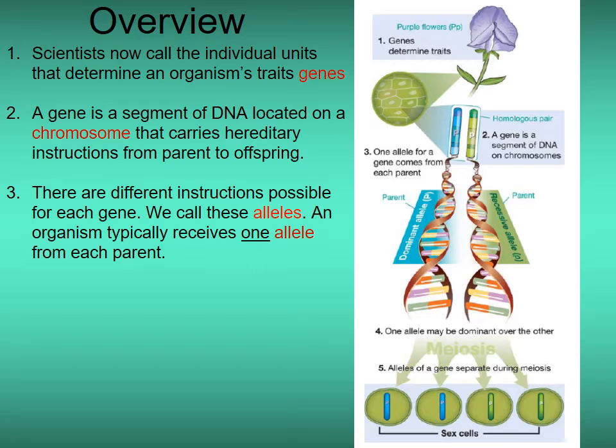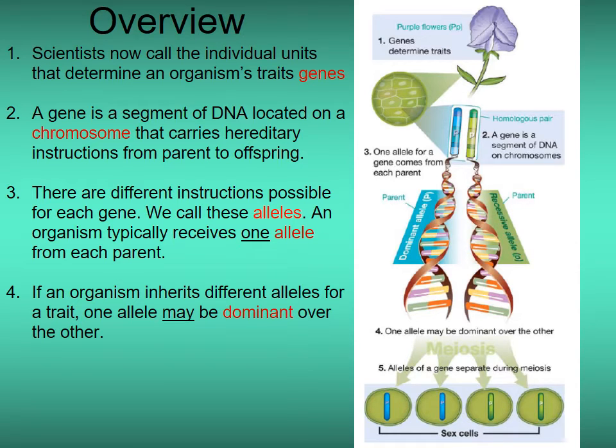You can sort of see that in this drawing over here on the right. On the left side you see a parent that has a dominant allele, on the right side you see a parent that has a recessive allele on the DNA, and they get separated out during meiosis so that you end up getting different combinations of things in the sex cells.